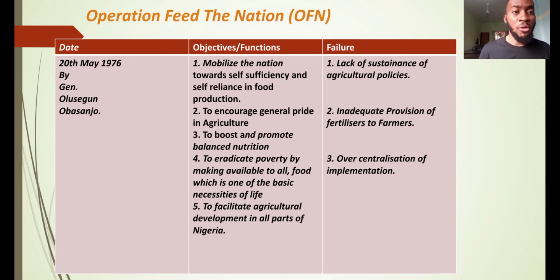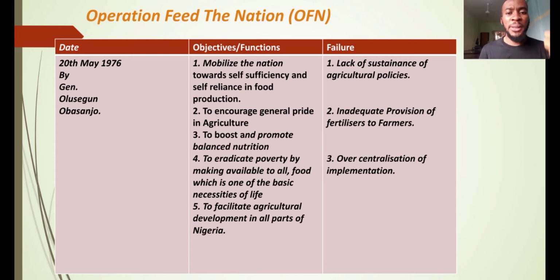Number 3, over-centralization of implementation. What does that mean? When you talk about central, that's at the top where everything counts, which is the federal level. When everything is carried out from there down, there will be difficulty in discharging duty. How do I mean?